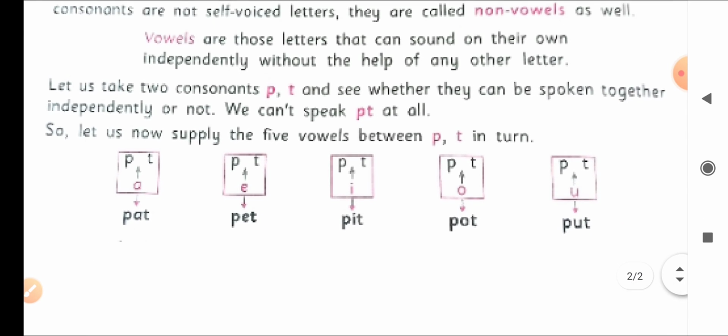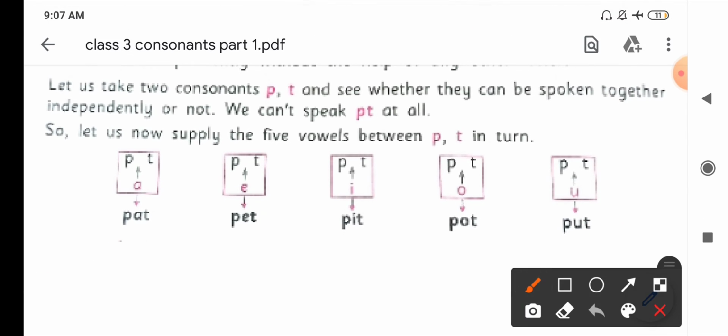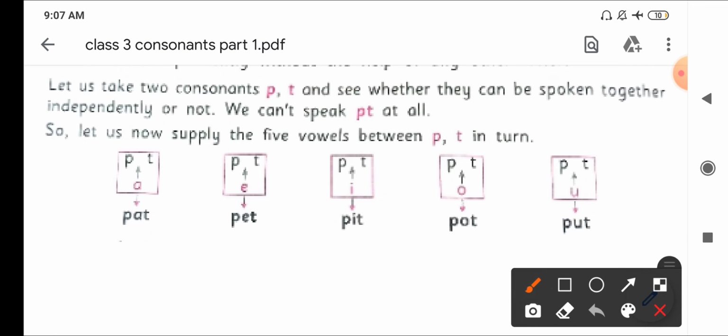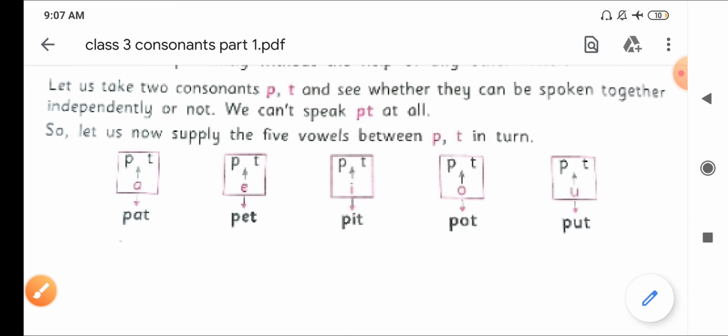Let us move further. Let us take two consonants P, T and see whether they can be spoken together independently or not. We can't speak PT at all.